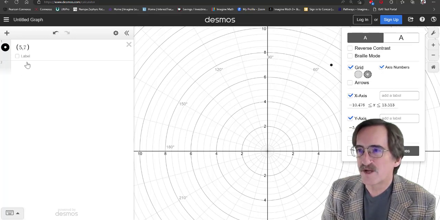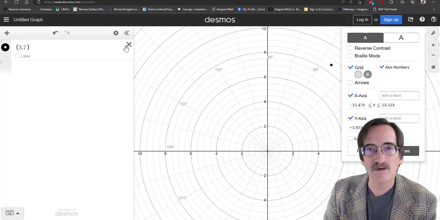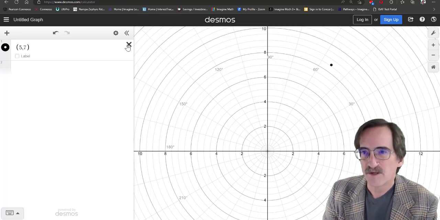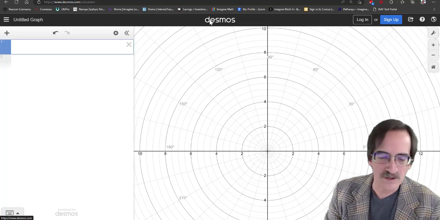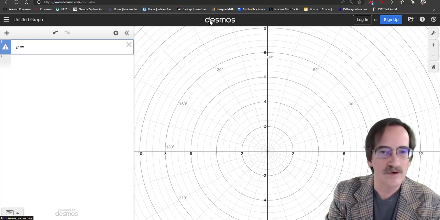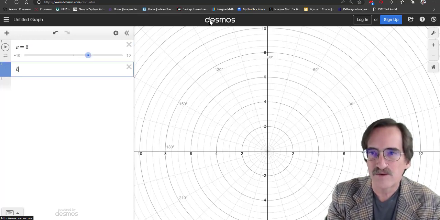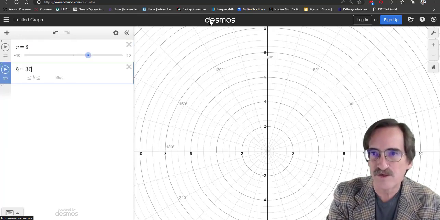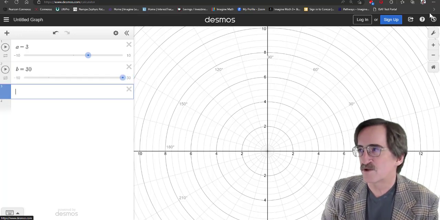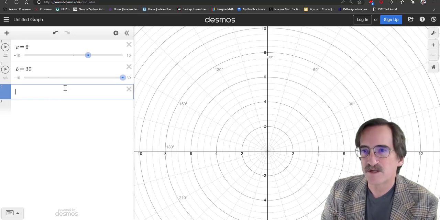And so the way to graph polar coordinates in Desmos is you have to use r cosine theta, r sine theta. Okay. So let's let a equal... We had r was 3, and theta was 30, right? And make sure you know what measurements you're using, whether it's radians or degrees. Okay.